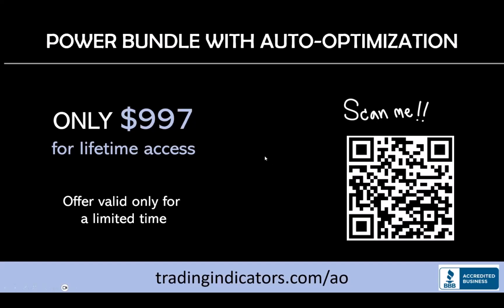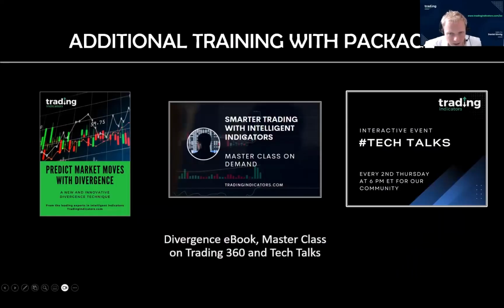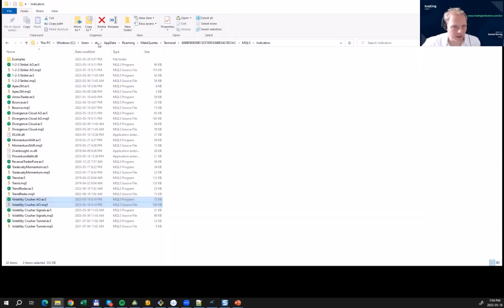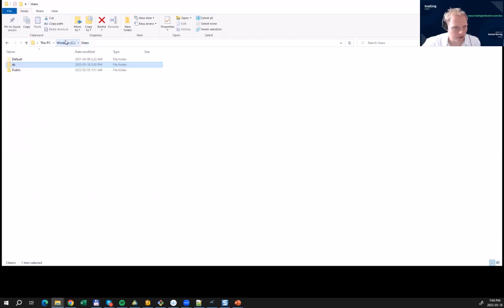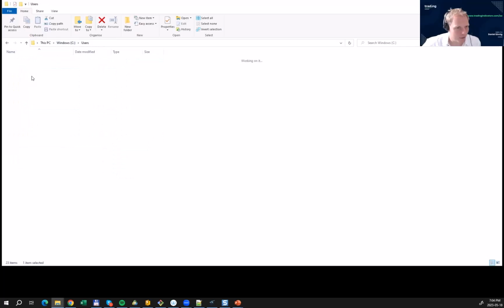Okay, great. Before you guys leave, should you decide to go for the Powerbundle, just a quick note about installation. So basically, what you will get, let me just quickly go to my Windows Explorer. Go to my home folder.